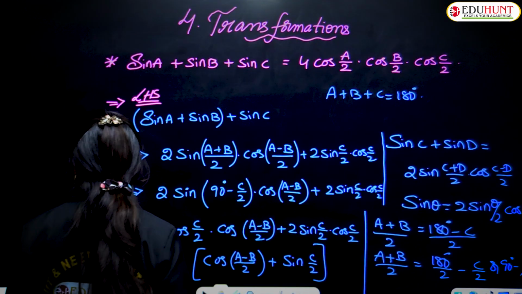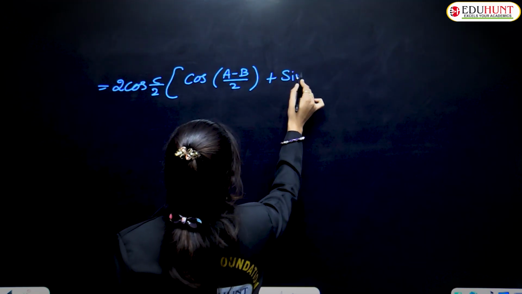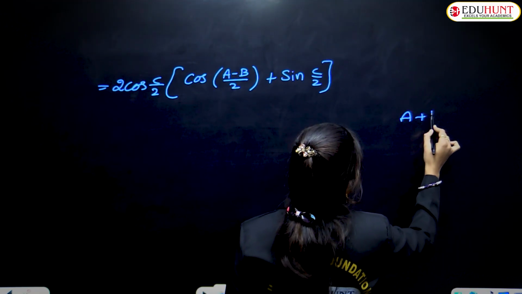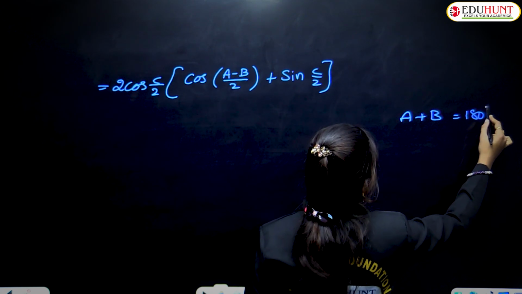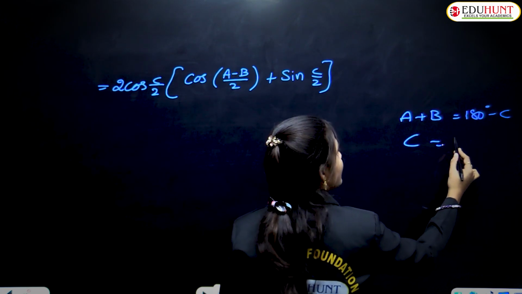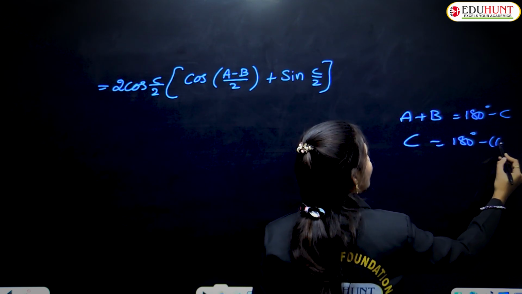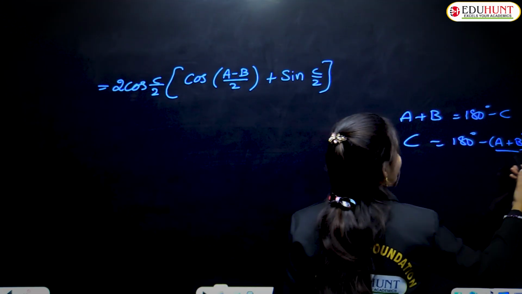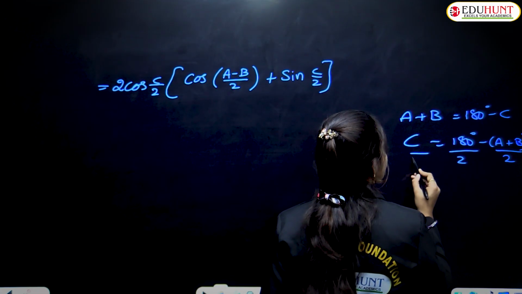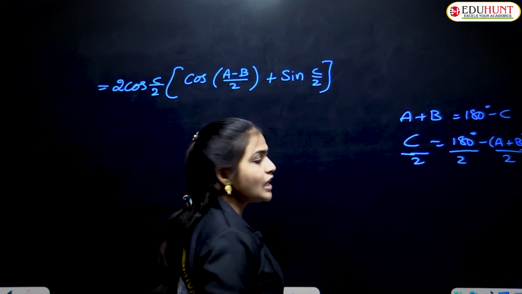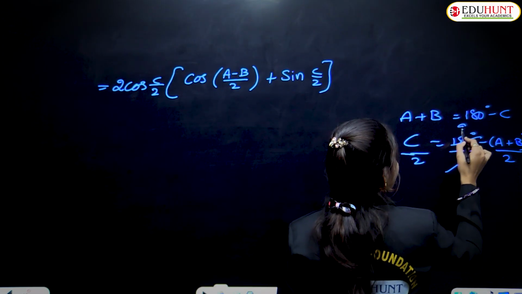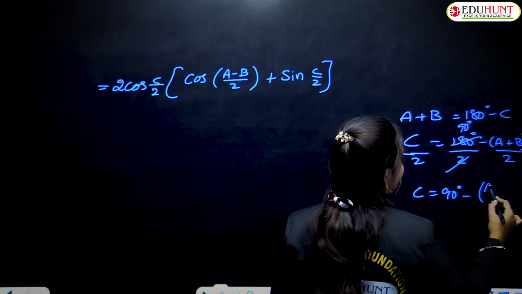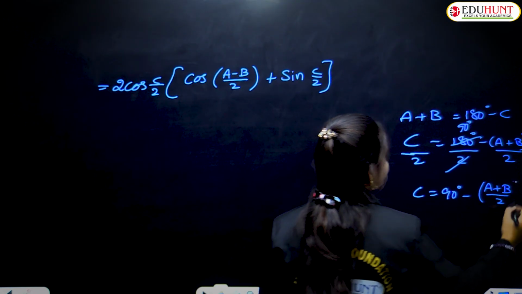Here, A plus B is equal to 180 degrees minus C, and in the same way C is equal to 180 degrees minus (A plus B). Since we have (A plus B) by 2, both sides we divide by 2. Now C by 2 is equal to 90 degrees minus (A plus B) by 2.